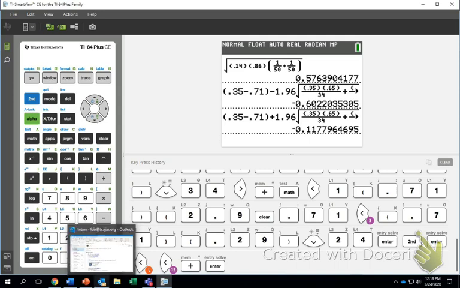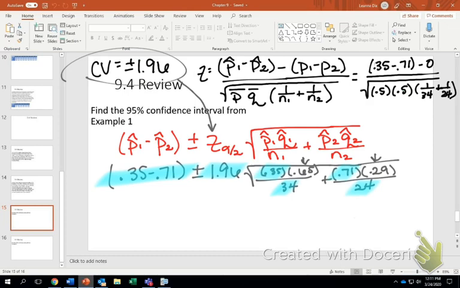So I'm going to go back and type that in. Negative 0.602, and it would be P1 minus P2 as my variable, at negative 0.118.